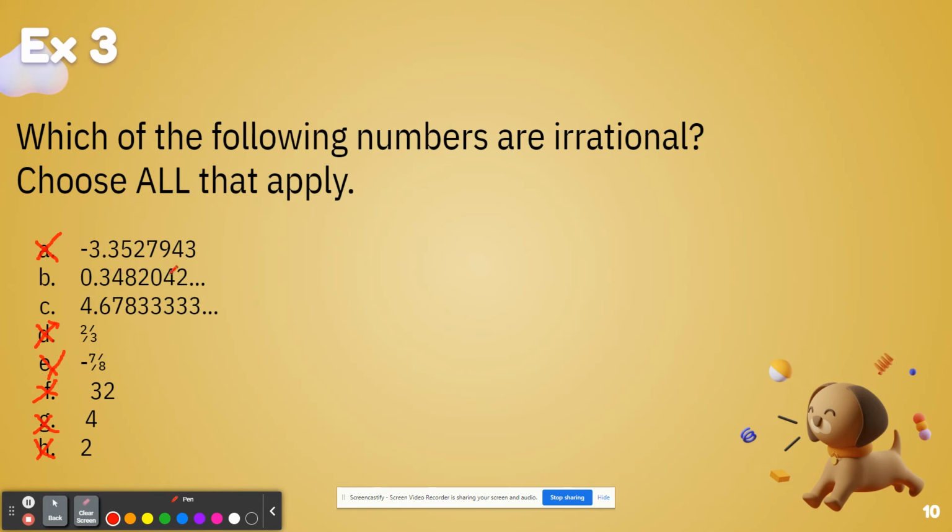I can't see a pattern, so this one is irrational. But this one, the 3 starts to repeat, so I cannot use that one. So A doesn't work because it ends. And C doesn't work because it repeats. And the others don't work because I can write them as fractions. Just something to consider. See how this one doesn't end and doesn't repeat? That means it's irrational.